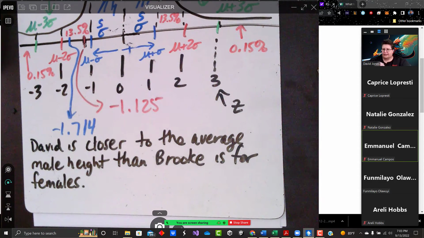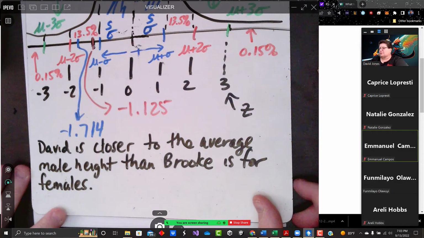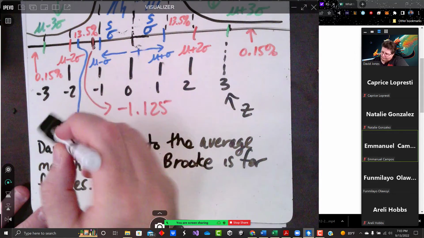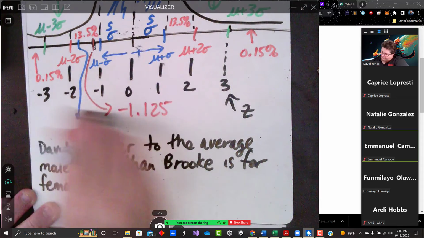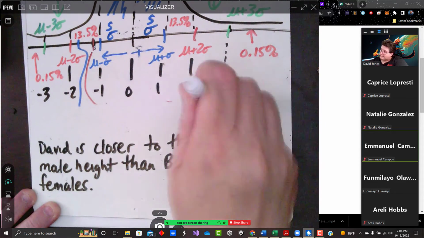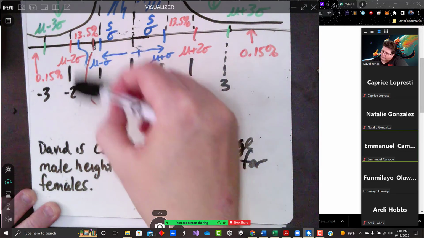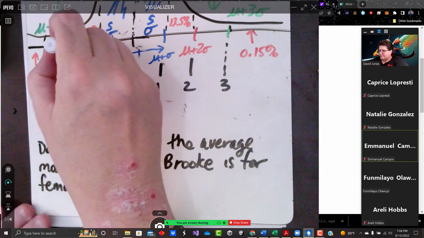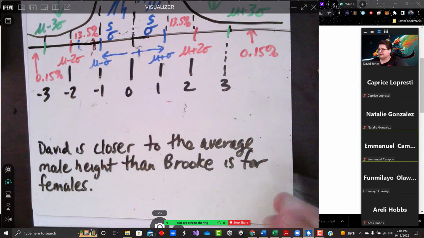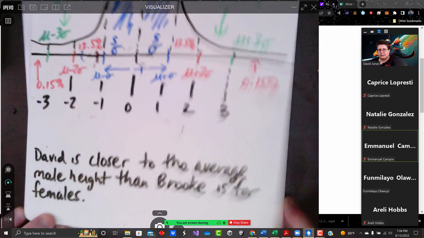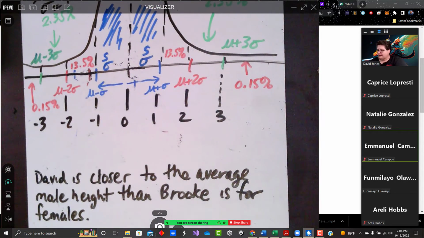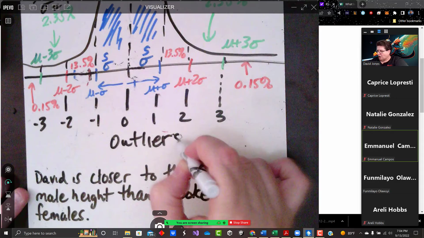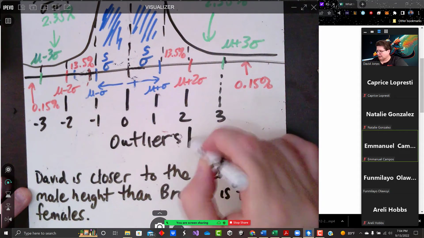Where do outliers fit in here? I started this talk with outliers. So let me show you outliers. We talked about outliers before, how they make some statistics resistant and some not. In terms of the empirical rule, outliers are past the 2 mark.